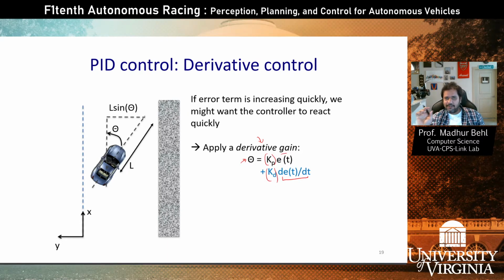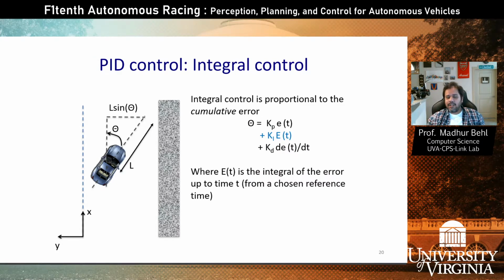So this is the derivative component of the proportional integral derivative term. And in general PID, the integral constant, ki here, is proportional to the accumulation of errors. So you sum up the errors over some horizon in the past, and you also react to that. It's the integral of the error term in some interval window of time t.